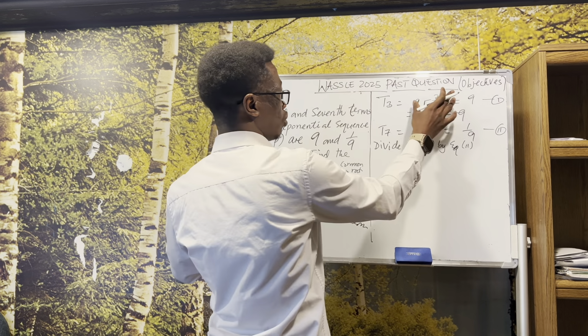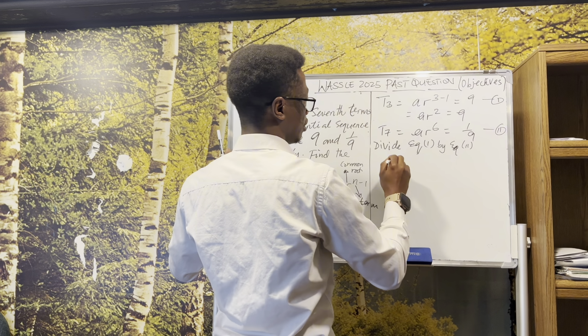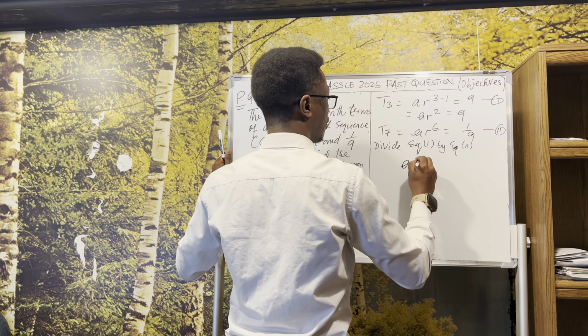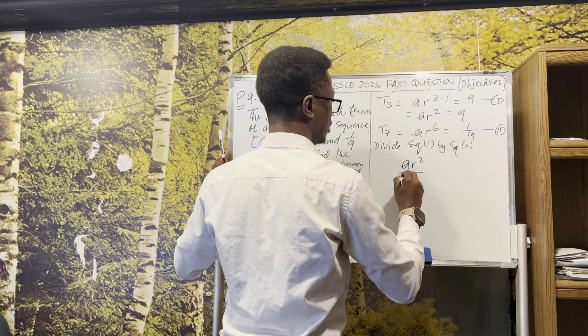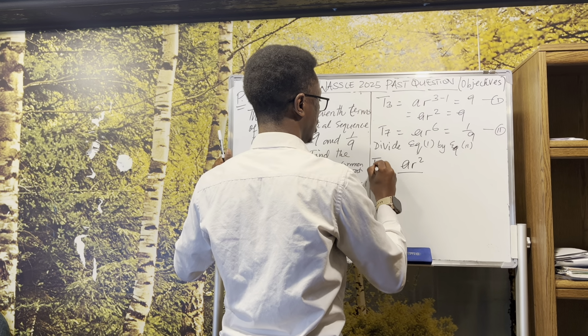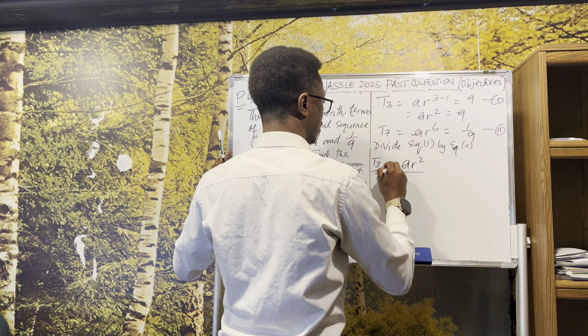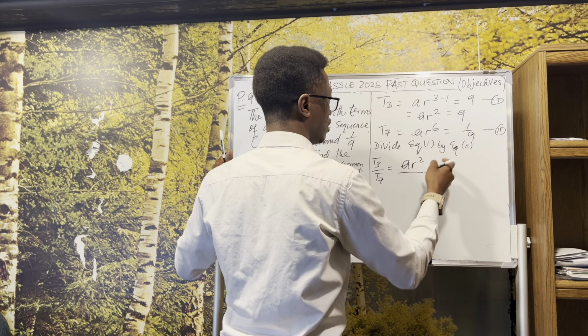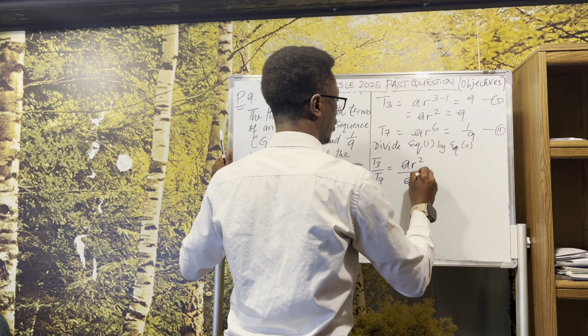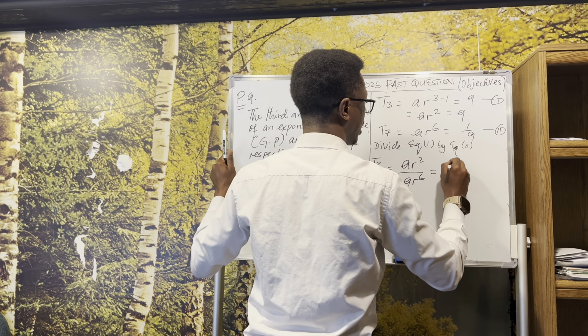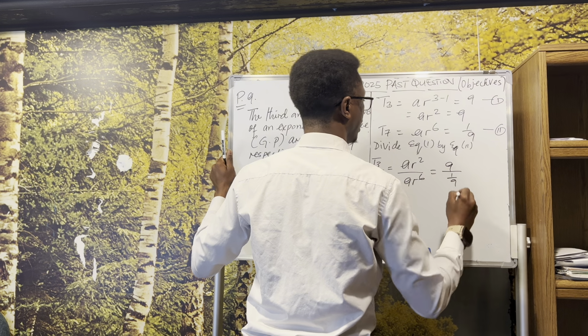So we divide the left hand side. That means T3 over T7 equals A R^2 divided by A R^6, which equals 9 divided by 1 over 9.